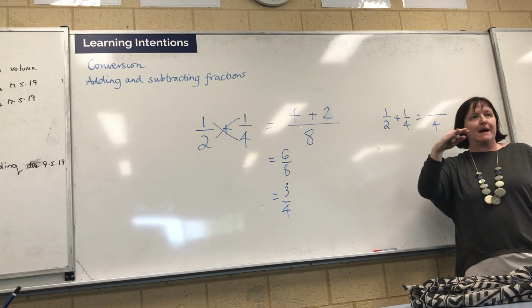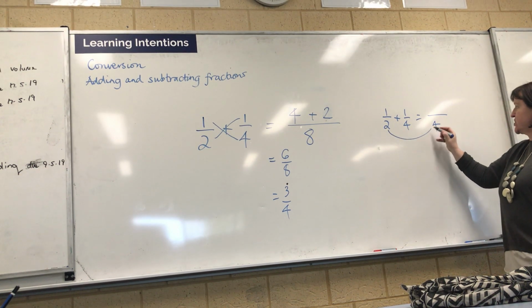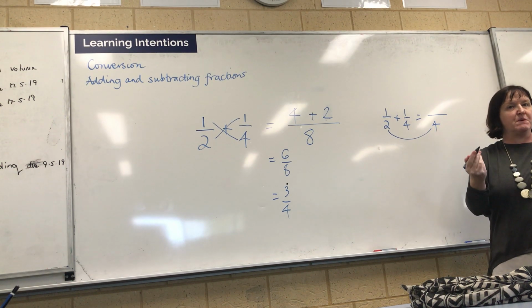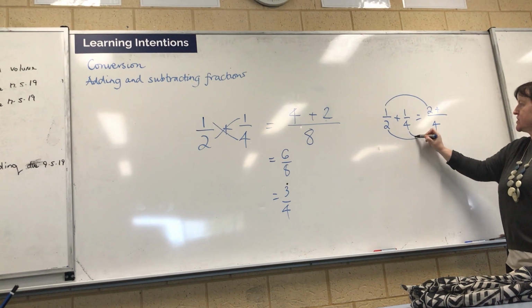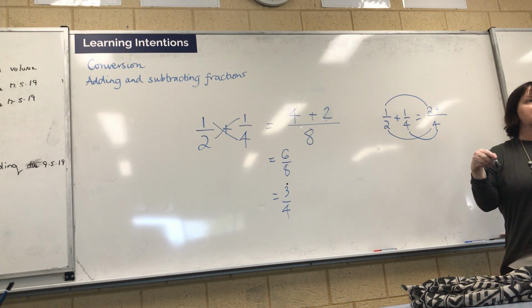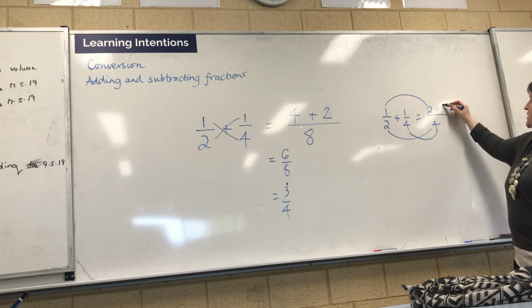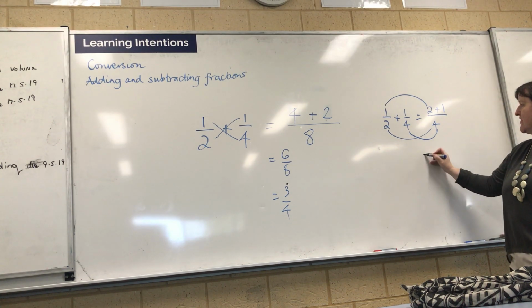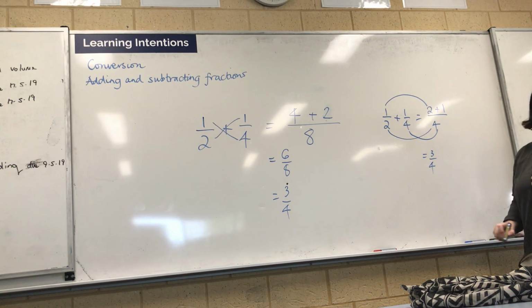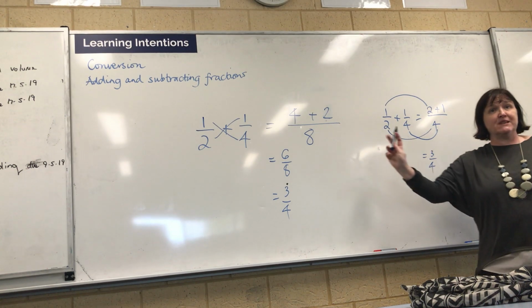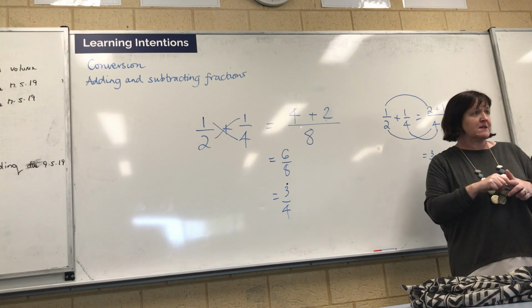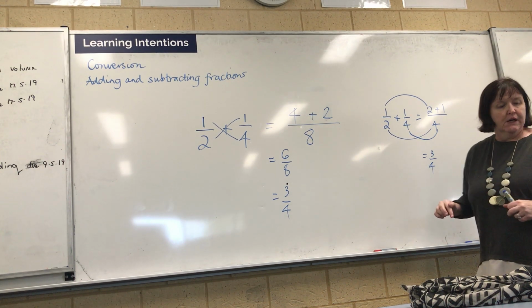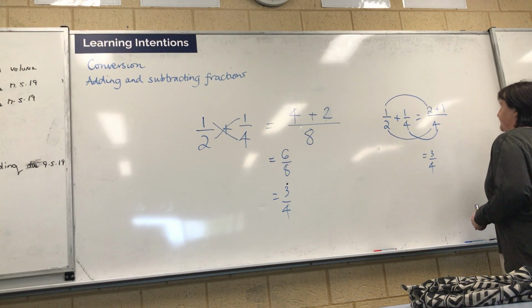You've got to look at what's happening. So what's happened to the 2 to make it 4? It's been multiplied by 2, so you multiply the numerator by 2. What's happened to the 4 to make it 4? It's been multiplied by 1, so you do that. And then that obviously gives you the 3/4. So can you see the difference between the two methods and why it's really important that you don't mix them up? Good, okay.